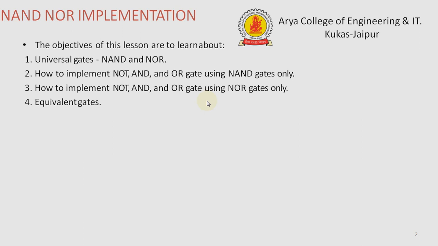When we studied our basic gates, the basic gates are AND gate, OR gate, NOT gate and XOR gate. And now the universal gates are NAND gate and NOR gate. Basically these gates are called universal gates because the basic gates can also be made with the help of these gates.